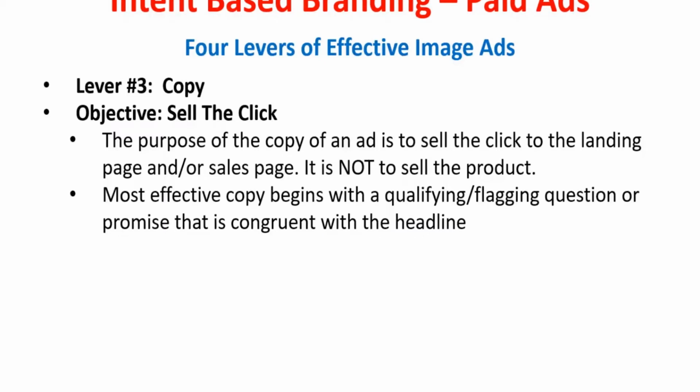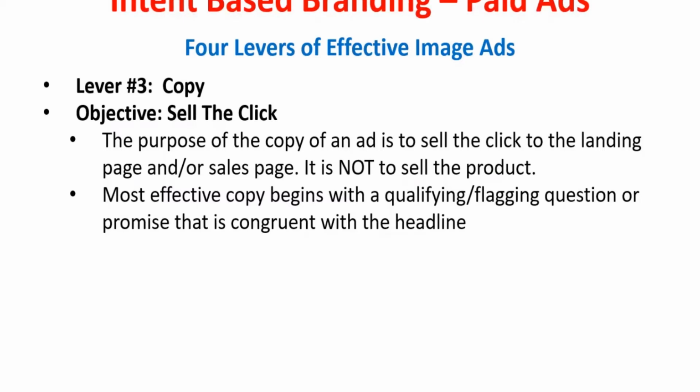Notice also the congruency there with the headline. If I use the example I gave just a moment ago, how to get clients fast, as the headline that generates curiosity, now the question or the promise that I start off with works best if it is basically a rewording. You don't want it to be exact, but a rewording of your headline.